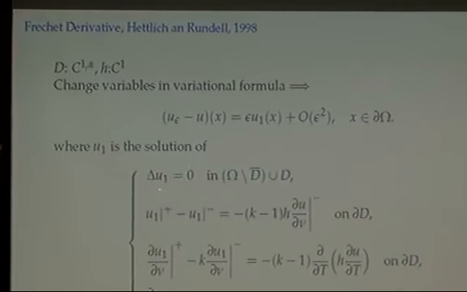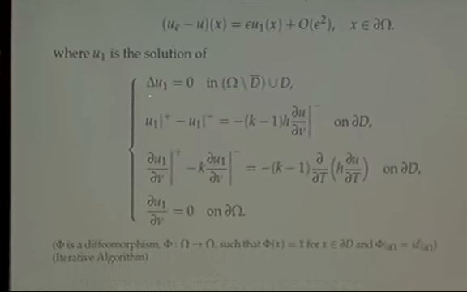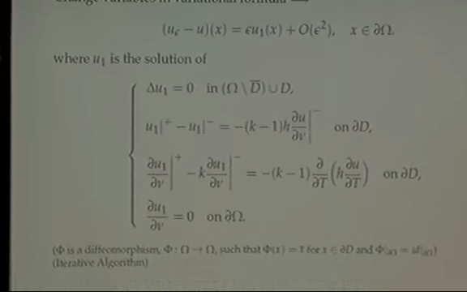Your measurement U1 satisfies Laplace of U1 is 0, interior and exterior of D, and satisfies the Dirichlet transmission condition and Neumann transmission condition, and the boundary data is 0. Then how can you get the perturbation function epsilon times h from the measurement of U1?